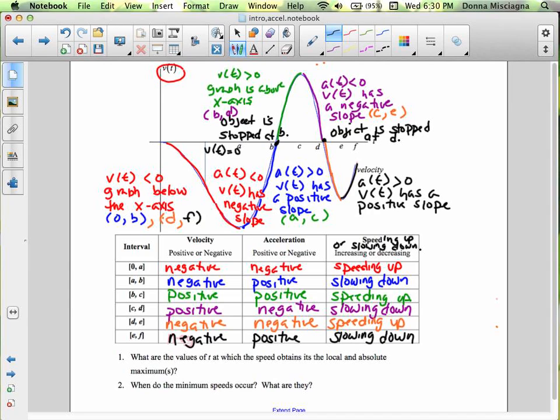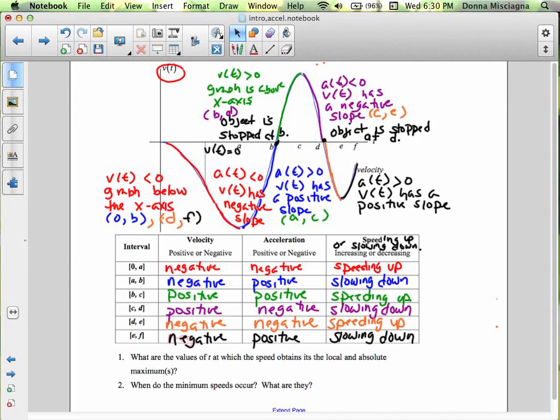What are the values of t at which the speed obtains its local and absolute maximums? And when do the minimum speeds occur? What are they? All right, so let's take a look here.